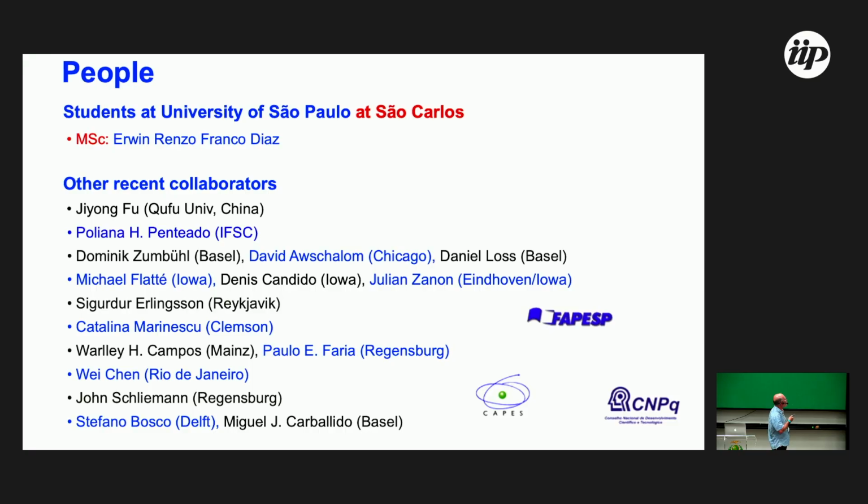I have right now only one student who's about to finish, because I was abroad for 2 years in my sabbatical where I did a couple other things, and I sort of reduced my group. But here are some of the people that were involved, and of course Dennis, Michael, and people from Basel, and now Stefano, that's Delft, and so on.